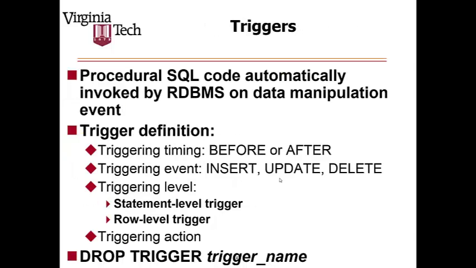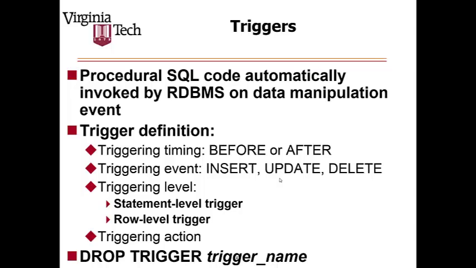Well, a trigger is a procedure that is executed when some condition happens. So let's see. Suppose before you insert a line of invoice, you want to check to be sure that there's a customer for that invoice.